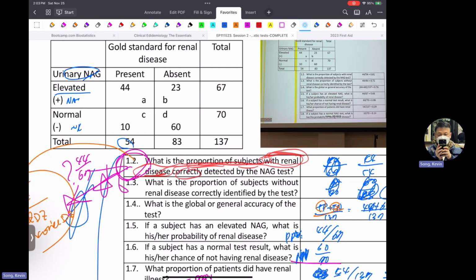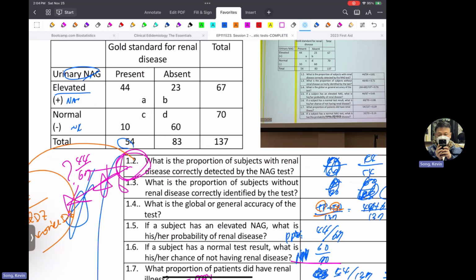This is correctly detected, and this is incorrectly detected, so basically this is the false negative: incorrectly diagnosed as negative, but actually turns out to be positive.